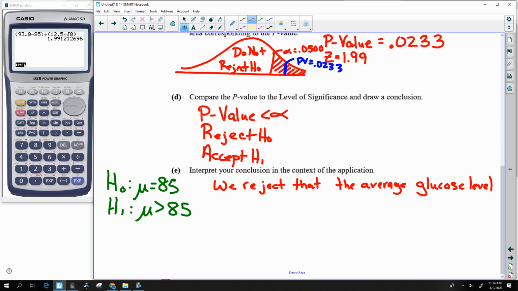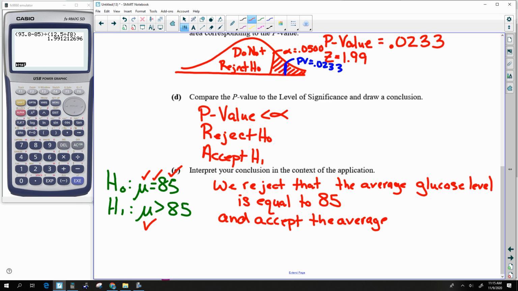So we reject that the average is equal to 85 and accept the average is greater than 85.